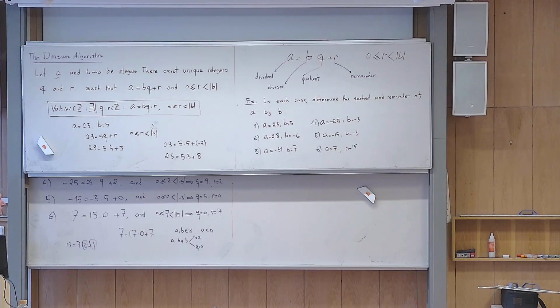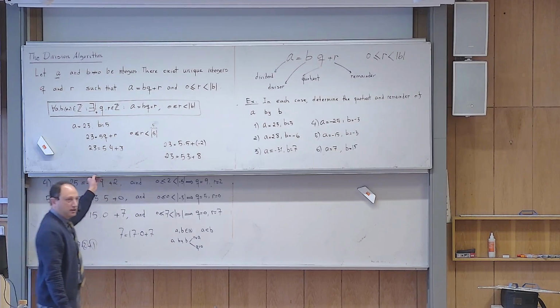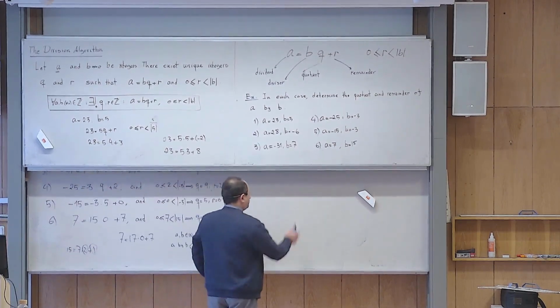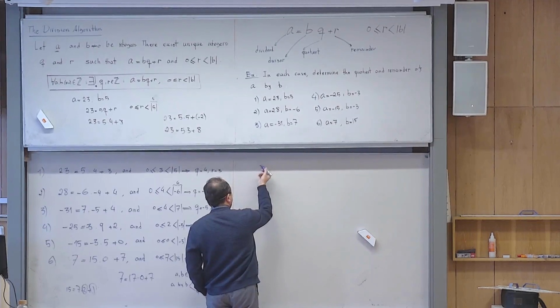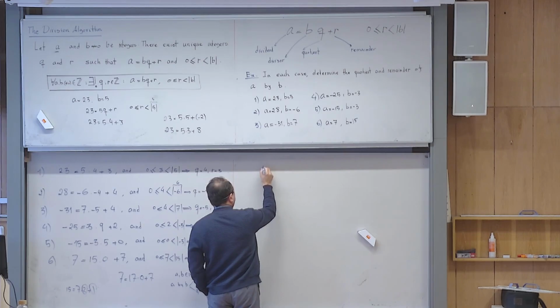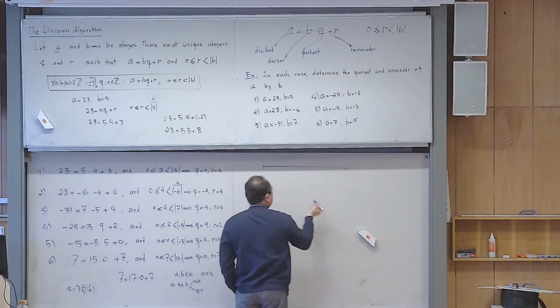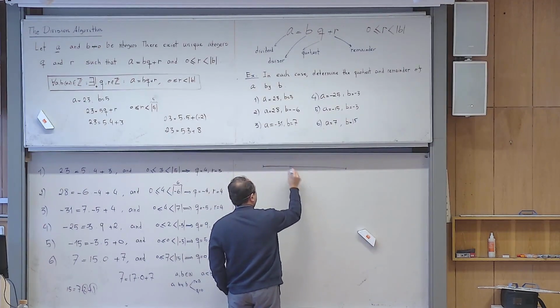By the way, geometrically, it is easy to understand. For example, let us say that I have a length. So let us consider a positive length. Let us say that the length is a units.